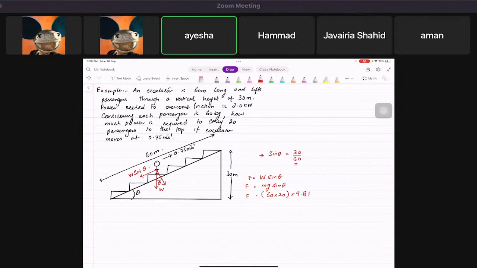Got it? Yes. And then I have to multiply by sine theta. The sine theta value is basically 30 over 60, the perpendicular over the hypotenuse. So instead of writing sine theta, can I write 30 over 60? You can also find theta and then put it. So that's also fine. Is it clear? Yes. So if you need to visualize, this whole thing is mass, this is g, and this is sine theta. Do you see now?